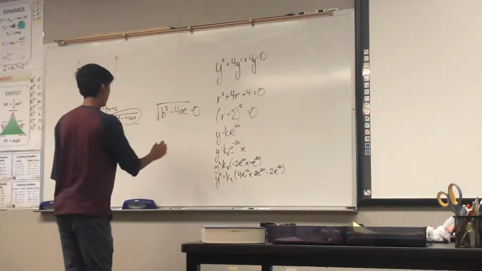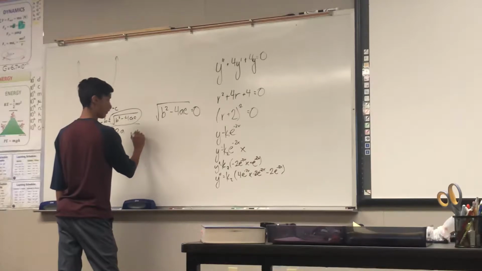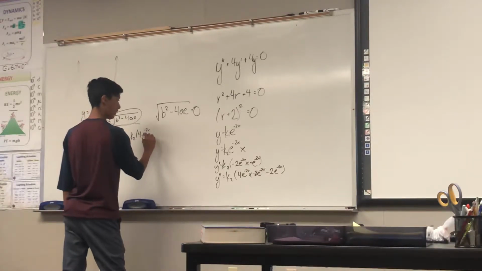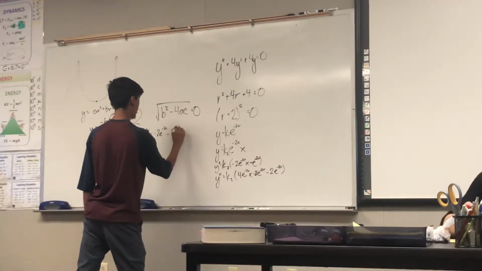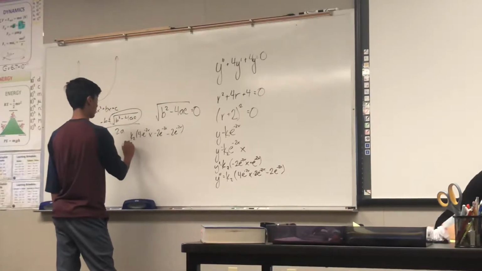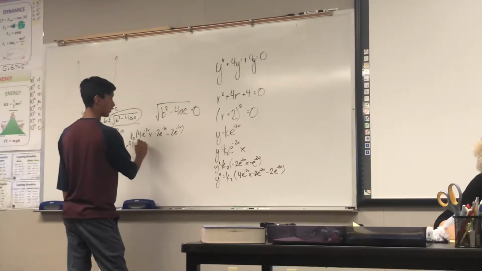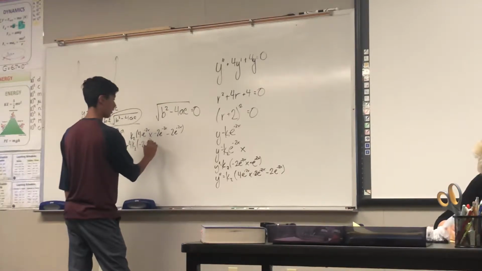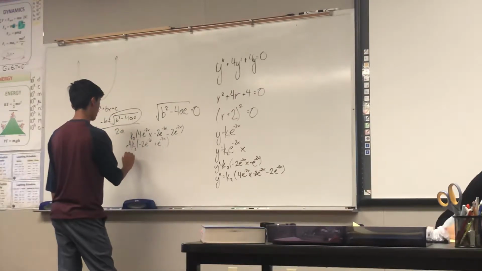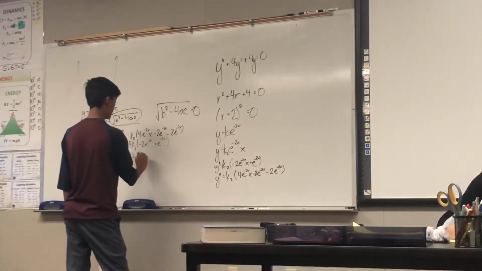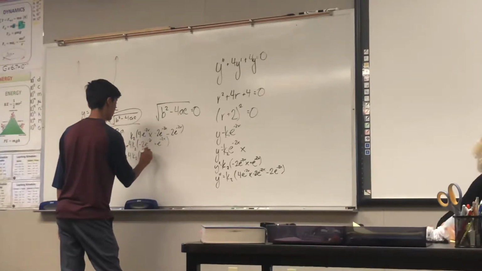And so if you plug these back up into here, we are left with y double prime, which is k2 times 4e to the negative 2x x minus 2e to the negative 2x minus 2e to the negative 2x, plus 4 times the first derivative, which is negative 2e to the negative 2x plus e to the negative 2x, and then plus the original one times 4, that's 4k2 times e to the negative 2x.